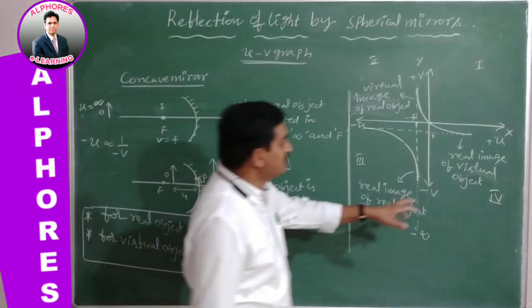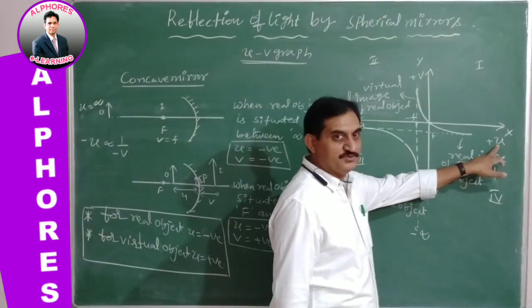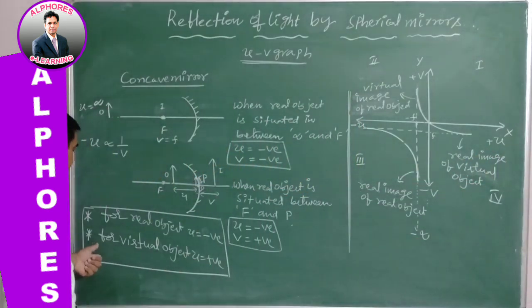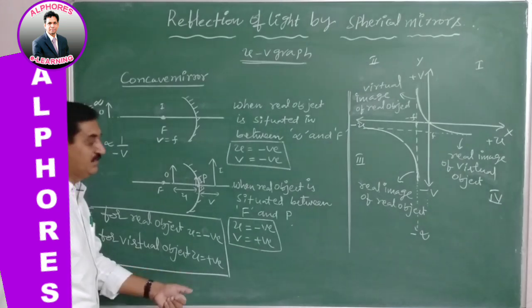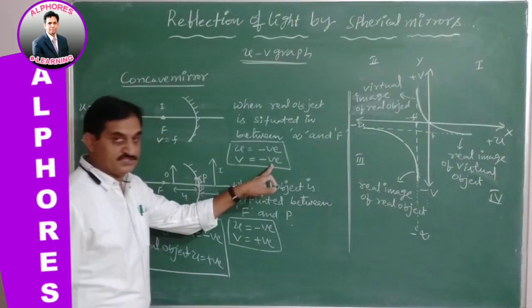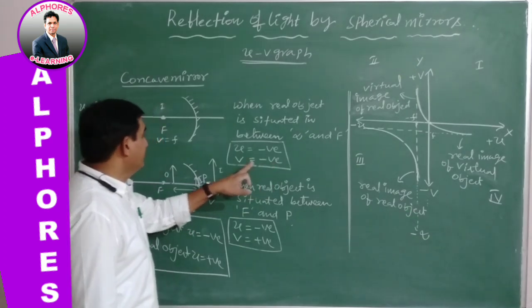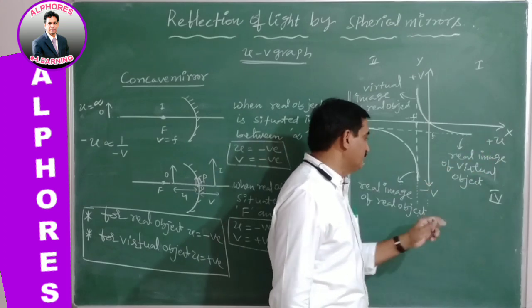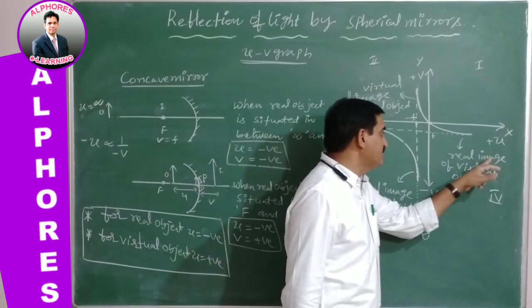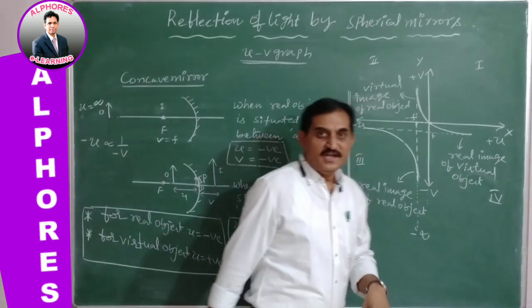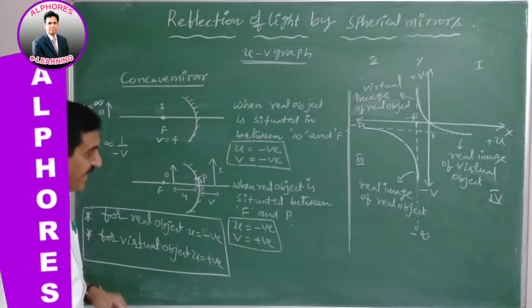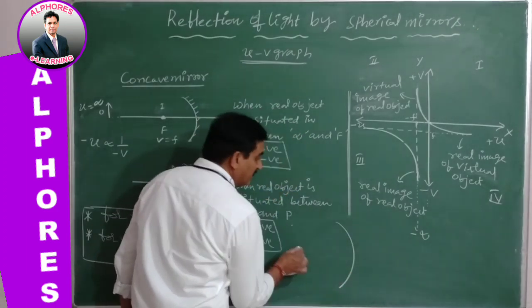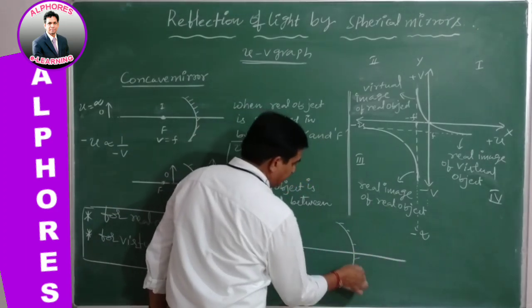So in the fourth quadrant, u is positive. What kind of object is this? A virtual object. And v is negative here, as discussed, which gives a real image. Therefore, in this quadrant, v is negative and u is positive. v negative means a real image is formed for a virtual object, and here is its corresponding diagram. Practically, what is happening, we can see here. This is a concave mirror.